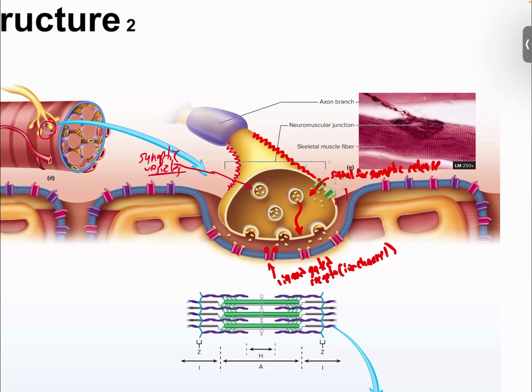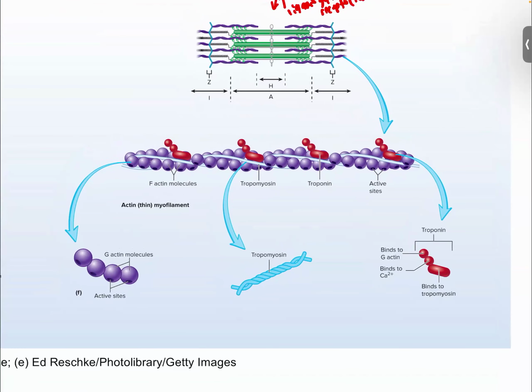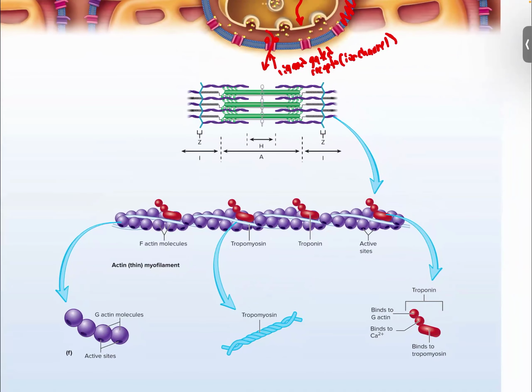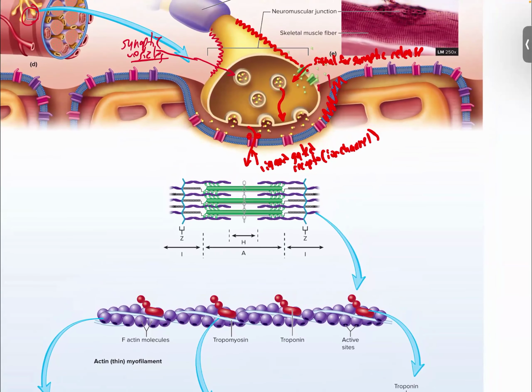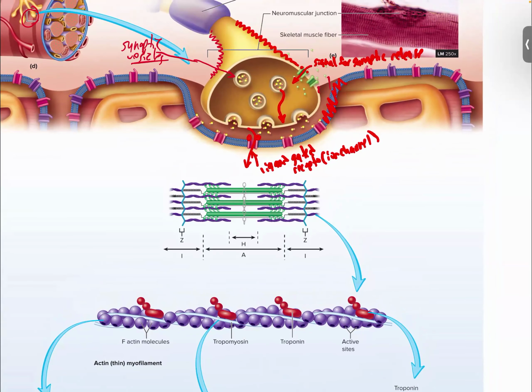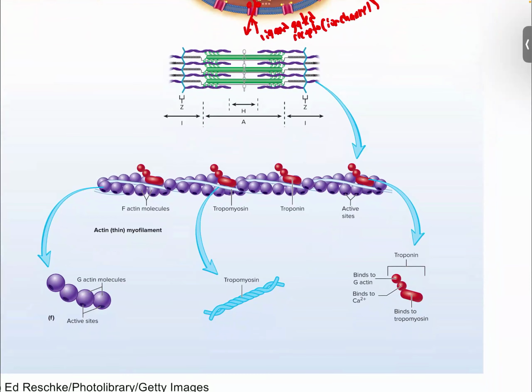It's going to open them up, and that's going to allow sodium to rush in, and that's going to re-trigger your action potential, and that's going to start galloping down the sarcolemma. And so ultimately you're going to get the release of calcium as this action potential dives down the T tubules and opens up the sarcoplasmic reticulum.